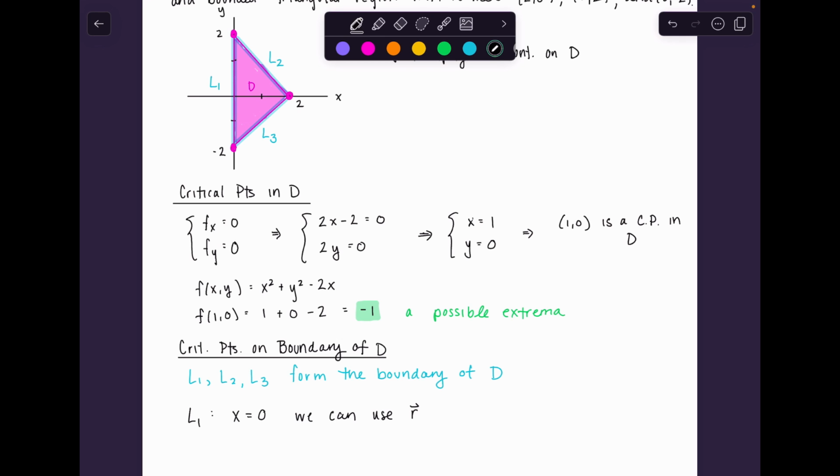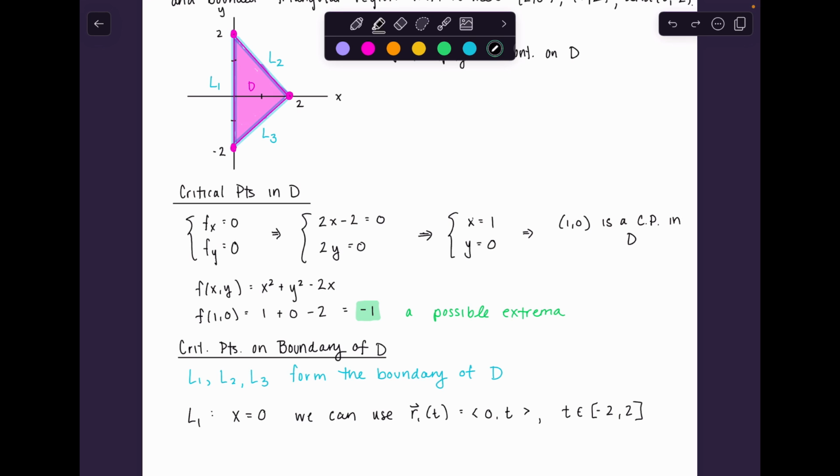And since I'm going to come up with multiple, I'm going to index this R1 to be line 1. The x coordinate is 0, the y coordinate varies, and that y coordinate is going to vary between negative 2 and positive 2. Okay. So between these values.